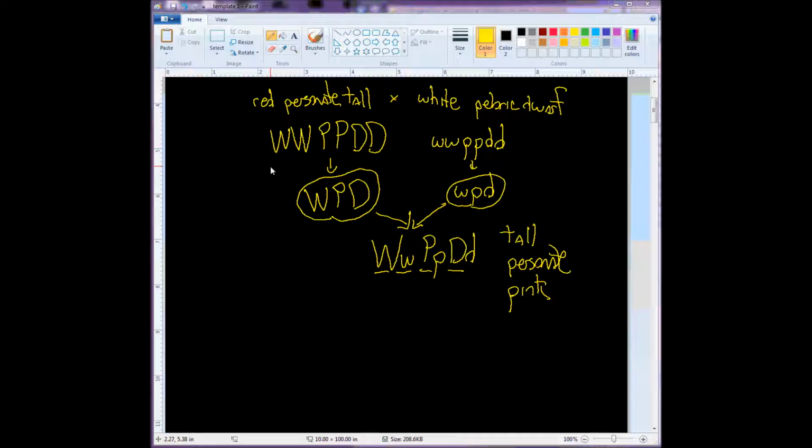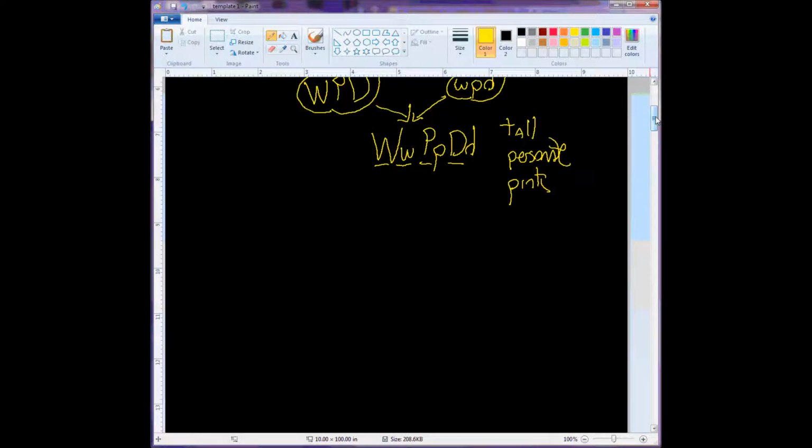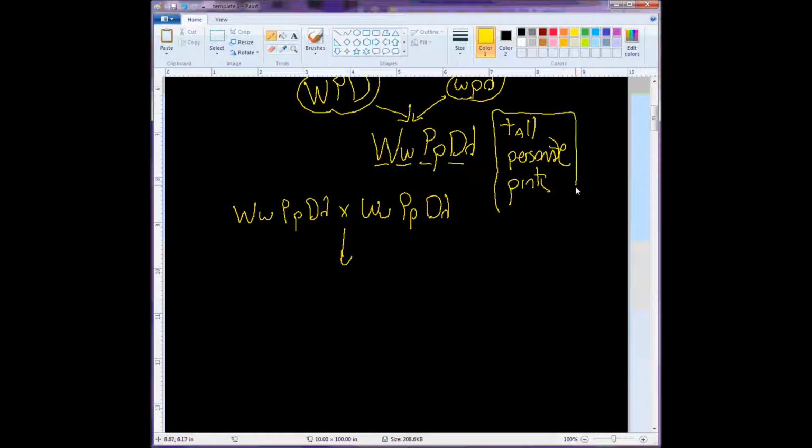Okay, so we want to know if we cross these plants together here, these genotypes, how many of the offspring are going to have this phenotype, tall, personate, and pink? What proportion? 1 out of 16, or 1 out of 32, 5 out of 10, what's 1/2? We have to figure that out.